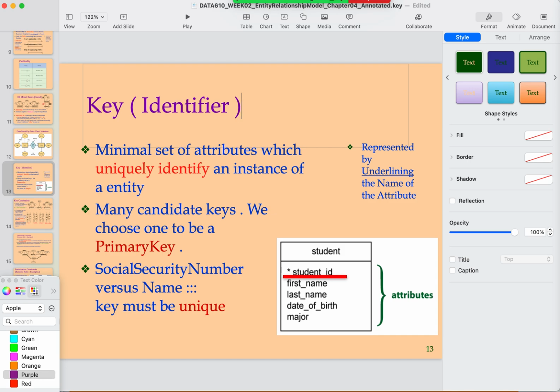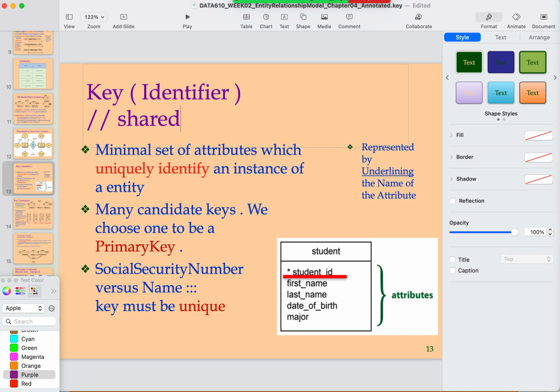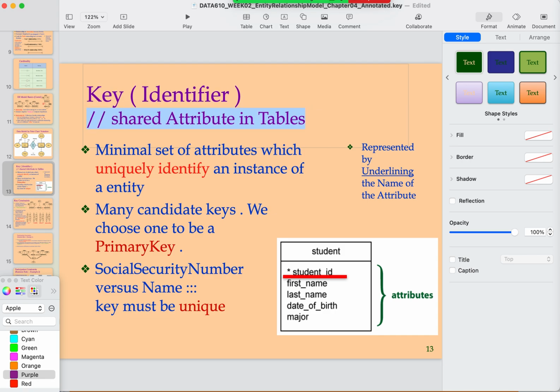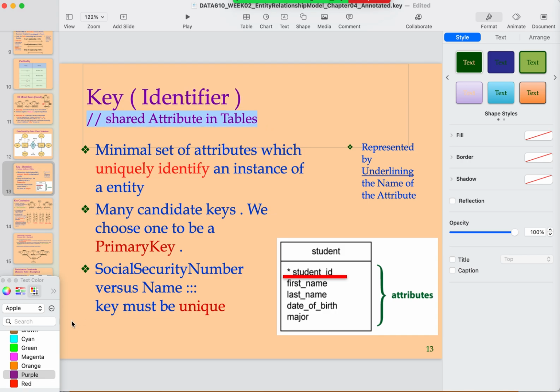And because both of them have that, we can link the tables through this attribute. Through the key.